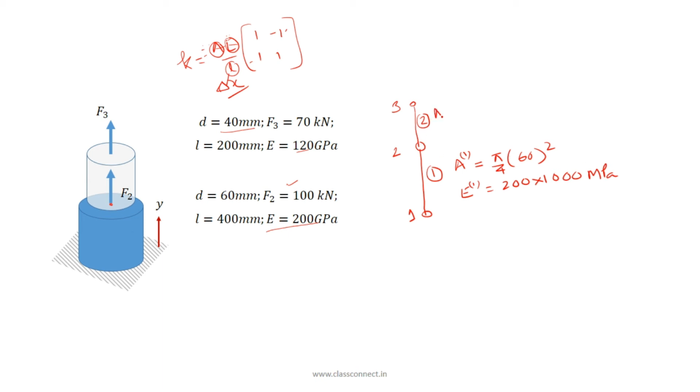Likewise, A2 is pi by 4 d square, that is 40 square, and E2 is nothing but 120 into 10 to the power 3 megapascal, because we want to substitute in Newton per millimeter square. So first node is 0, 0, second node is at 400 away along the y axis.